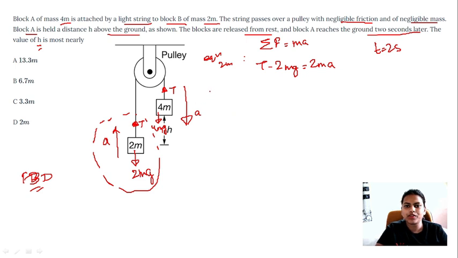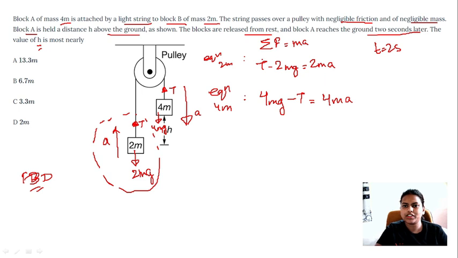And if I want to write the equation for 4m, the net force acting on the body: 4mg is acting downwards, and the system accelerates downwards. That's why 4mg is the bigger force. Minus tension is equal to 4m into a.